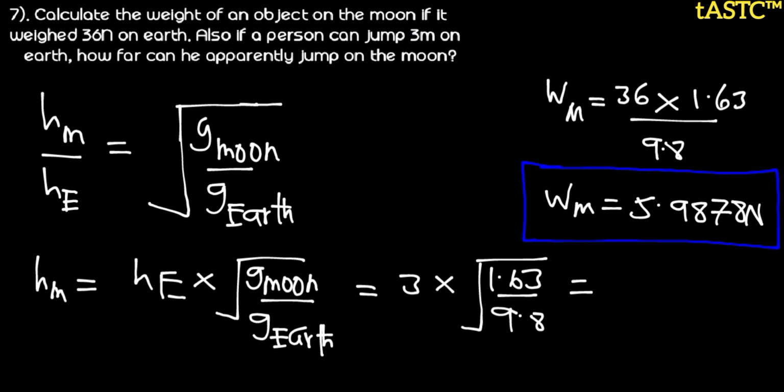So that gives us 1.22. So this is going to be equal to 1.22 meters. So h sub m, that is equal to 1.22 meters.